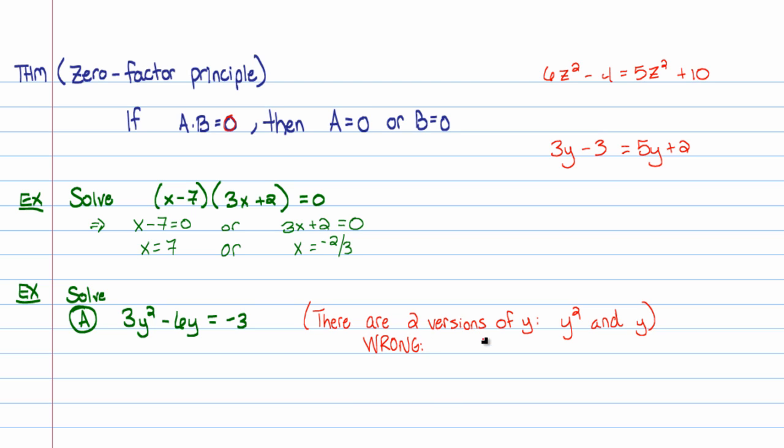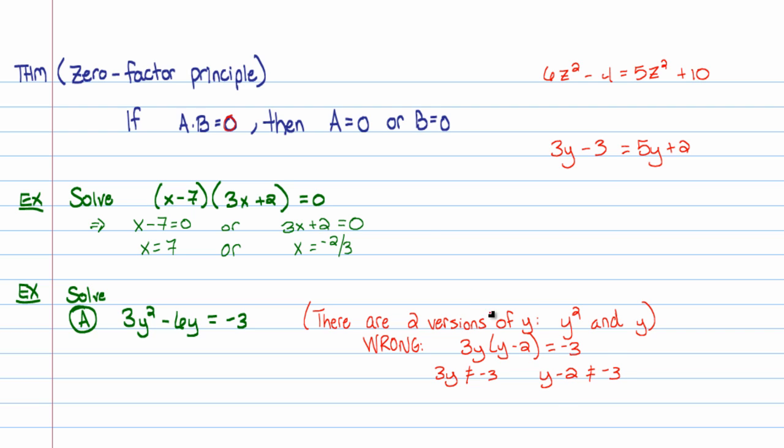Oh, they both have 3y in common: 3y times (y minus 2) equals negative 3. This does not mean that 3y is equal to negative 3 or y minus 2 is equal to negative 3. It doesn't mean that at all. So 3y does not equal negative 3, and y minus 2 does not equal negative 3.